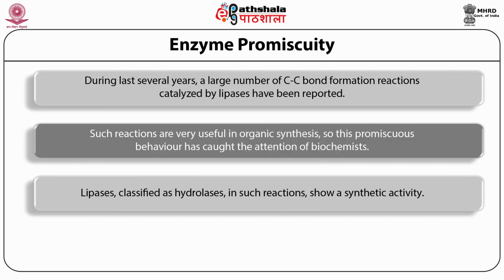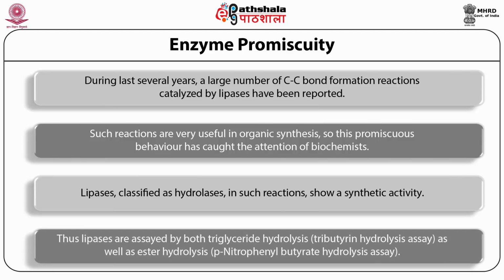Both lipases and proteases have been known to show another kind of hydrolase activity called esterase activity. Thus, lipases are assayed by triglyceride hydrolysis, the well-known tributyrin hydrolysis assay, normally tracked by changes in pH using a pH stat.